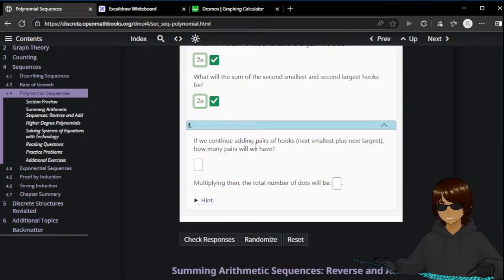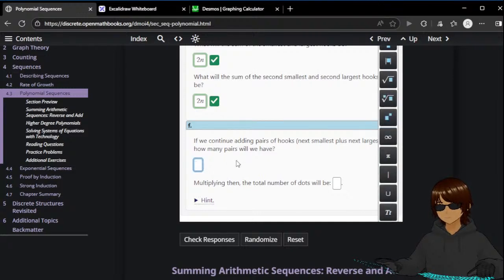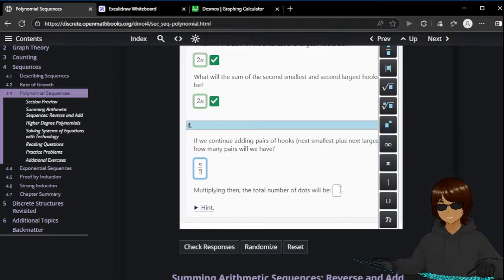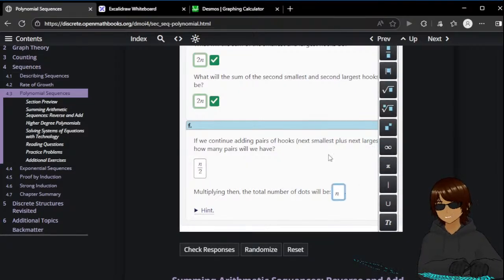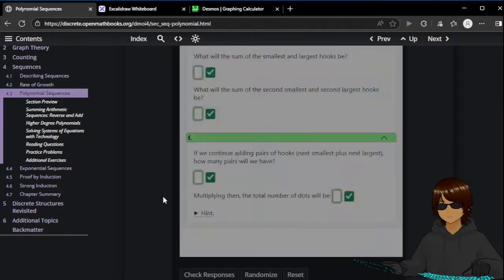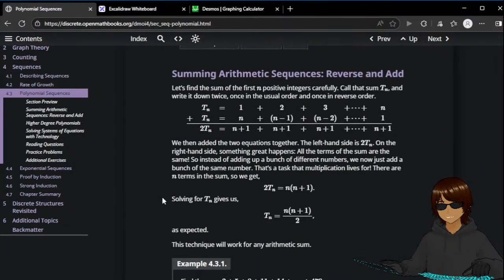If we continue adding pairs of hooks, how many pairs will we have? So n by 2 pairs. N by 2. Dots will be n square. Summing arithmetic sequences, reverse and add. Oh, this is what I did last stream. 1 plus 2 plus 3 plus n, and then n plus n minus 1, and then we get this.